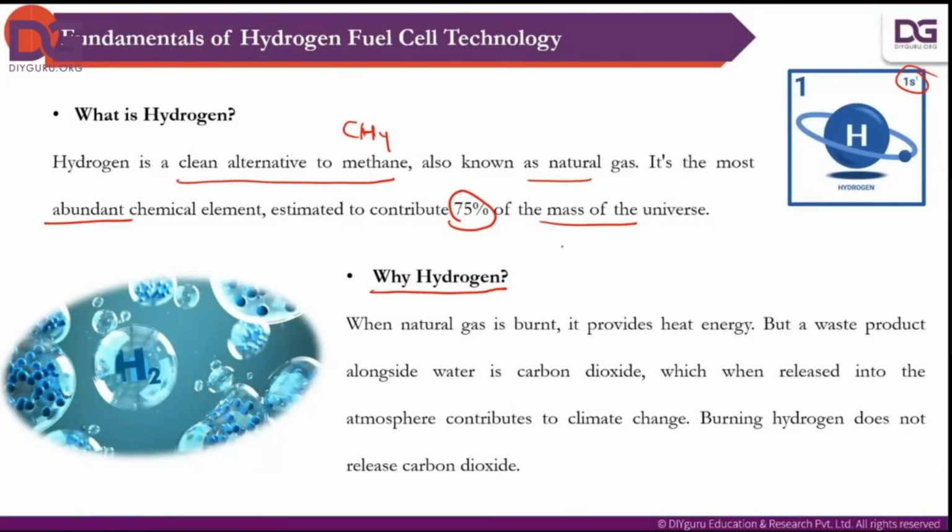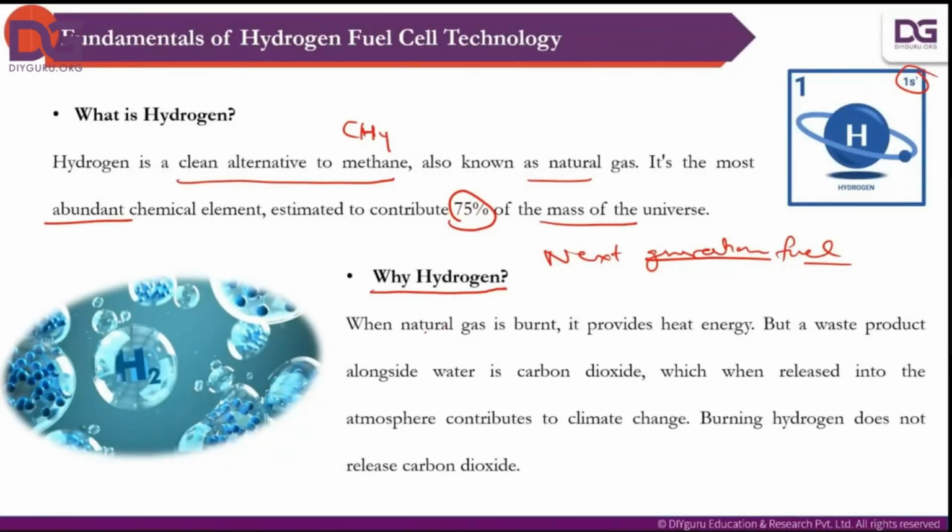We are discussing the next generation fuel in our vehicles, automotive, and different segments. It is a next generation fuel in terms of direct combustion also. From two ways we can extract energy from hydrogen fuel. We'll see them one by one.